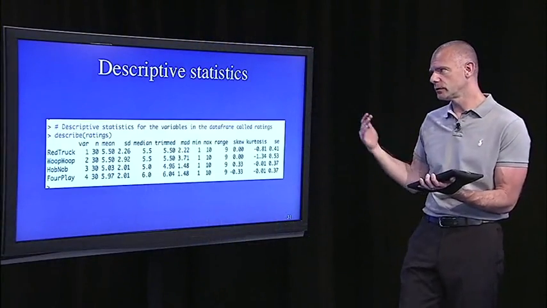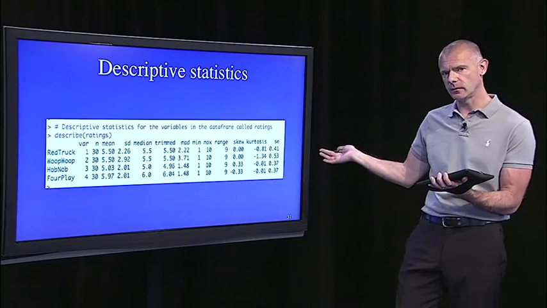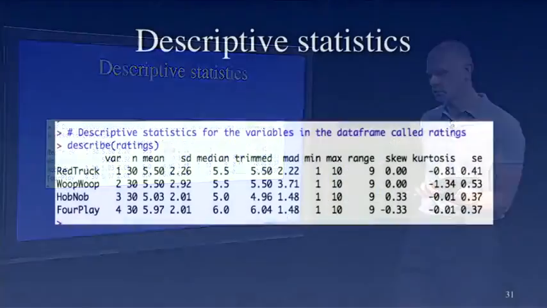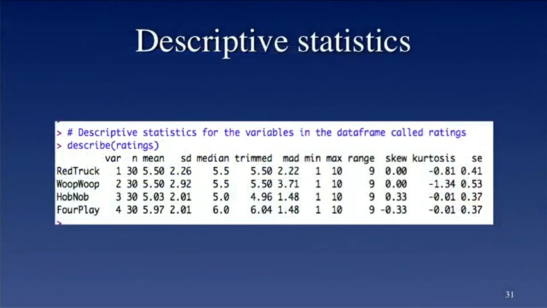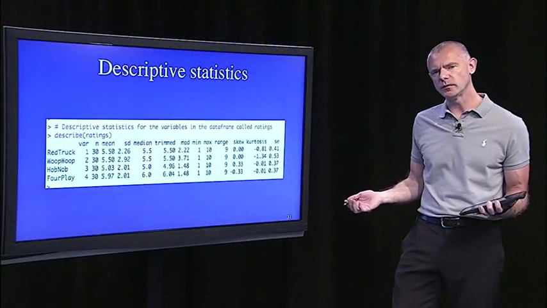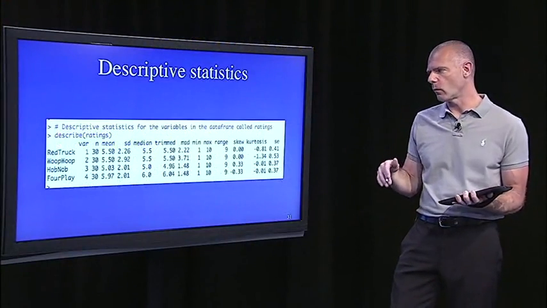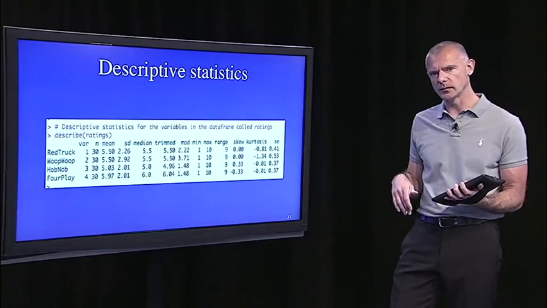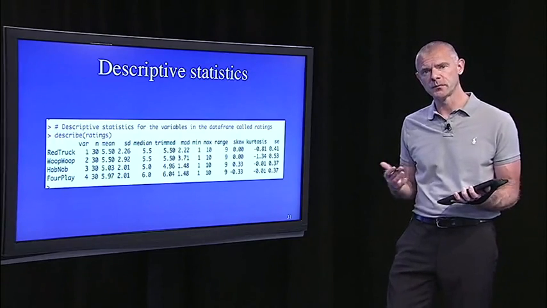It should also produce descriptive statistics that look like this. Again, these are from lecture 2. We just have the mean, the standard deviation, the median, trimmed mean, and so on. Here's the skew, here's the kurtosis. All the descriptive statistics for these 4 wines for the 30 wine experts who rated these wines.